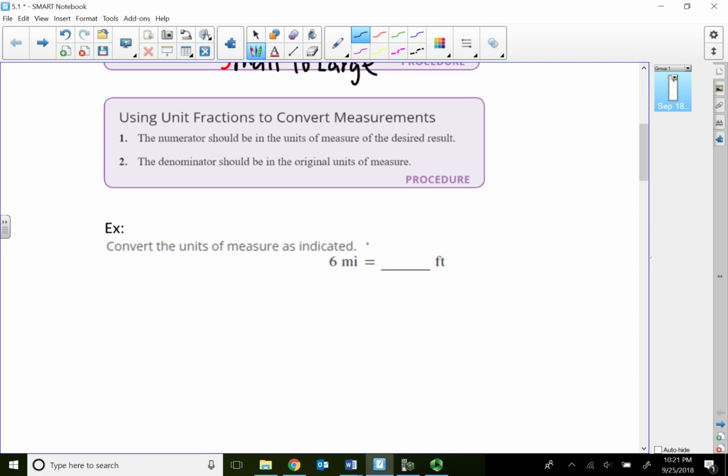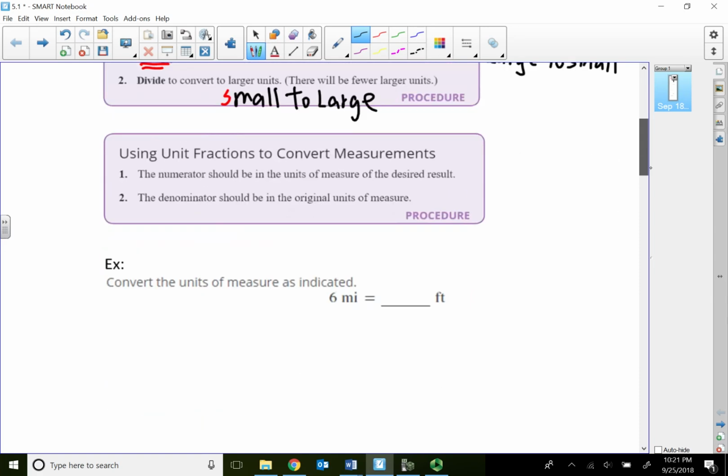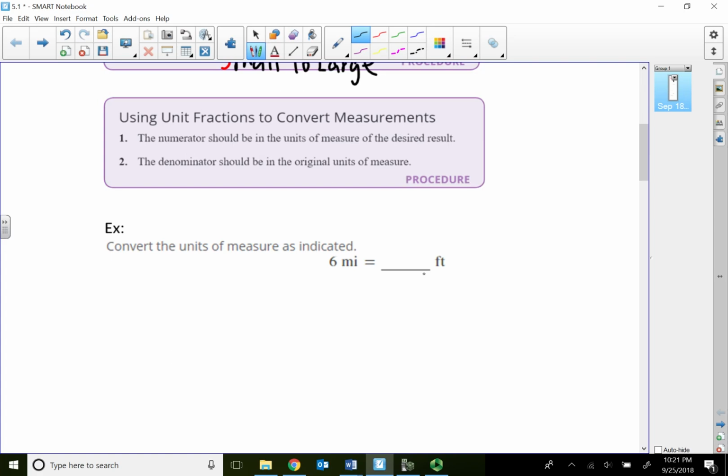To use the multiplication or division method, you need to know which unit is larger and which one is smaller. When it comes to converting the US measurement of miles to feet, we know mile is large and feet is small, so we will multiply. We take our 6 miles and multiply by the conversion between miles and feet.